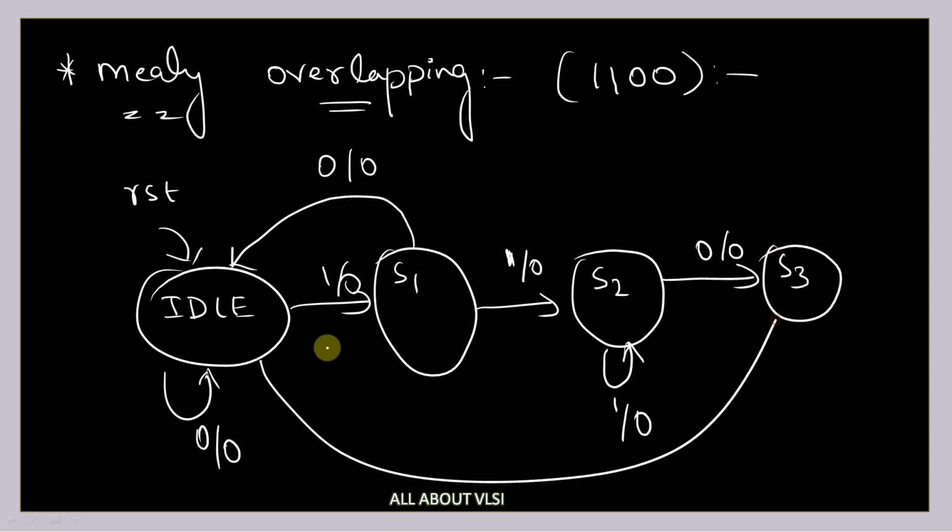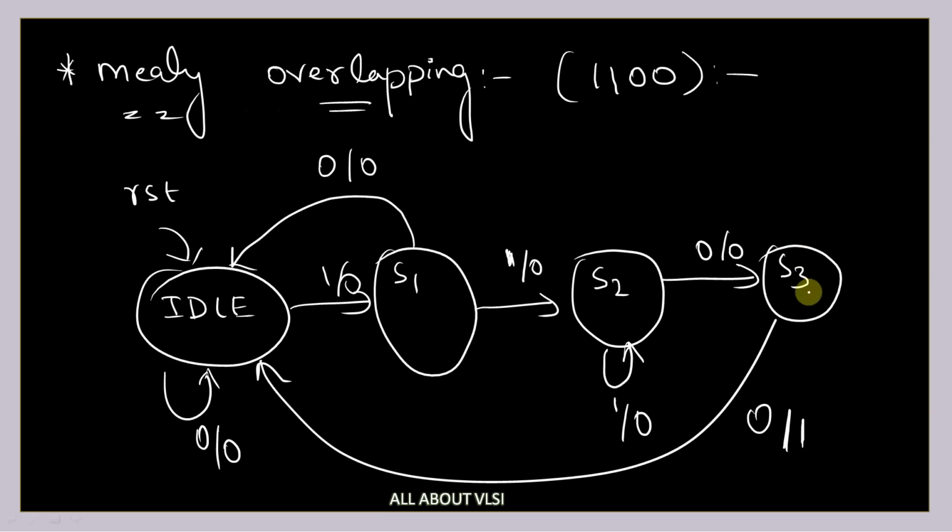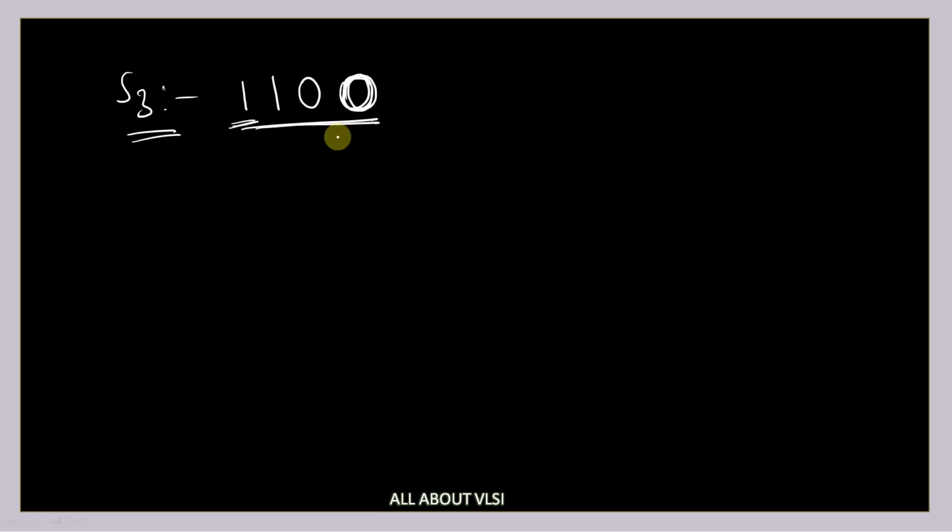Simply idle. If my input is equal to 0, output is equal to 1. Why am I going to idle state? Because my last bit is equal to 0. Using this 0, it cannot act as a starting bit, because my starting bit is 1. So that's why I'm going to idle state.